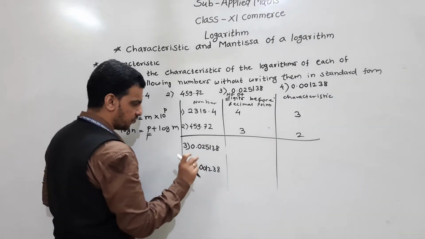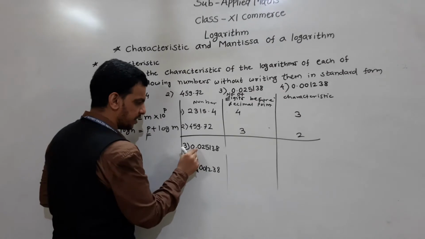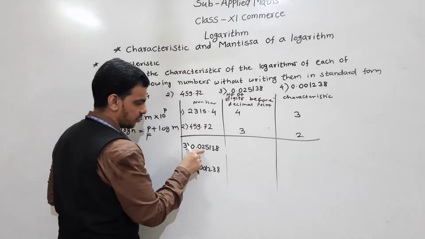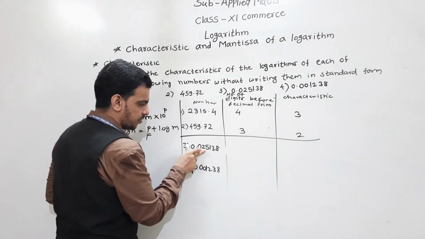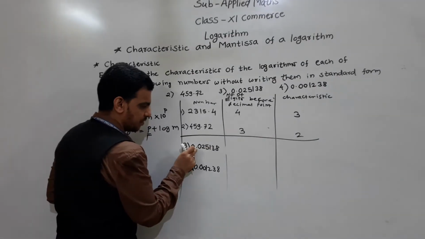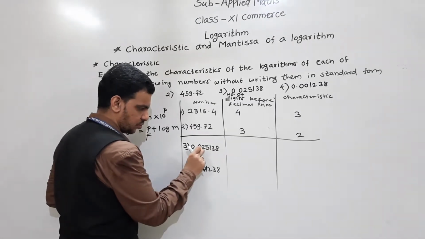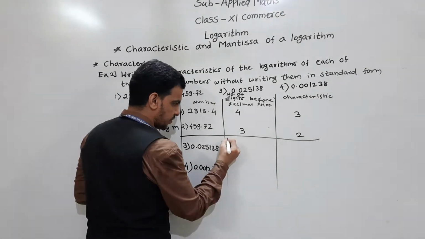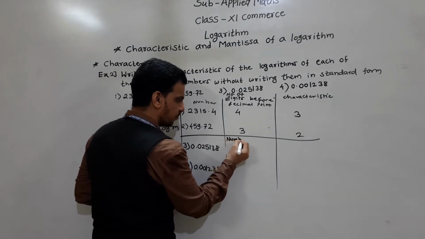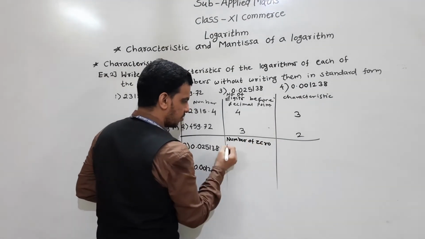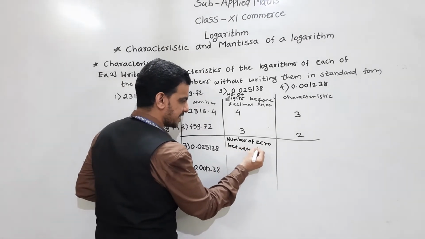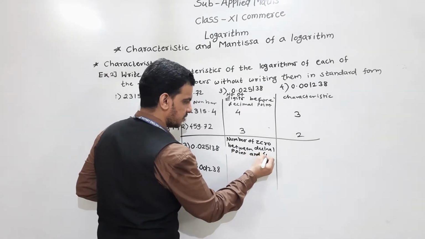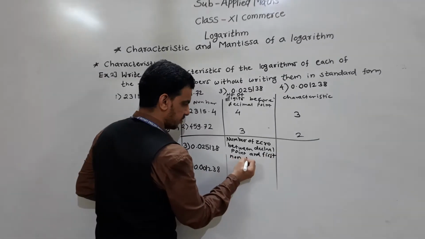0.025138. So first we have to count how many zeros are there between the decimal point and the first non-zero number. Here, between the decimal point and this non-zero number, that is 2, 1 zero is there.